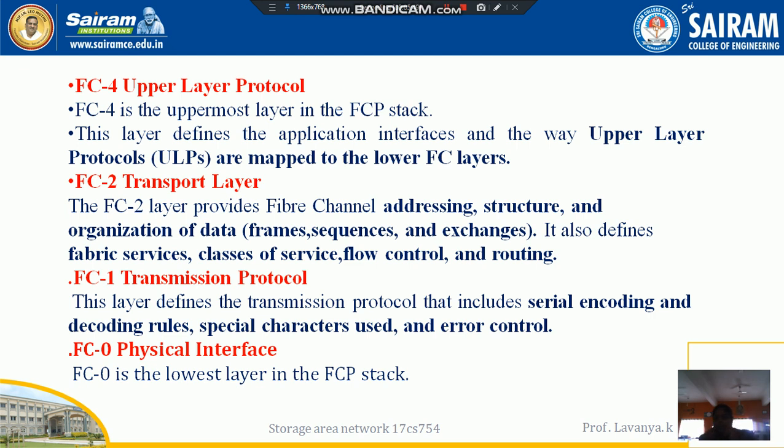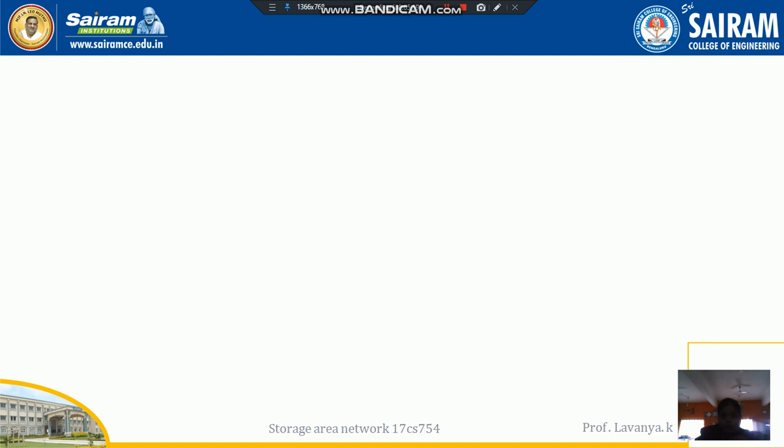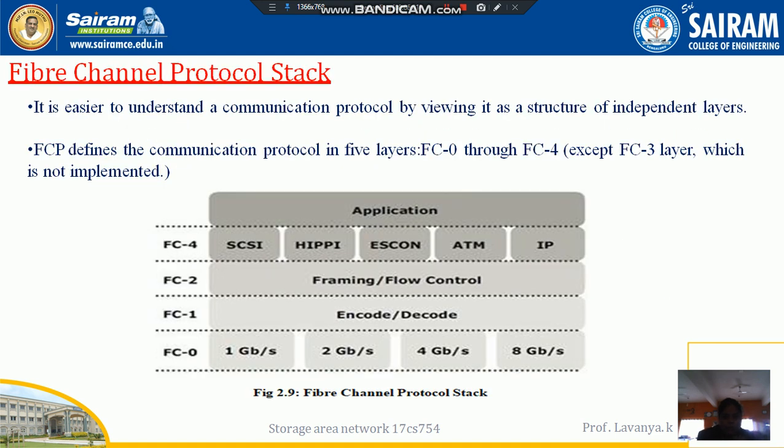Fiber channel 4 is the upper layer, which we call the upper layer protocol. Look at the diagram. This layer has IP, the internet protocol application, and small computer system interfaces.